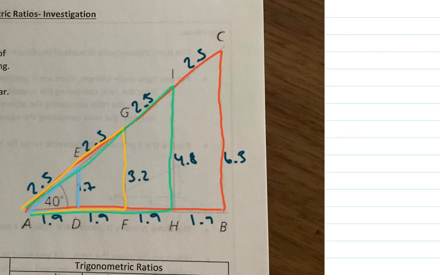Well, we know that they're similar because angle A, so this angle here, 40, is common to all four triangles.